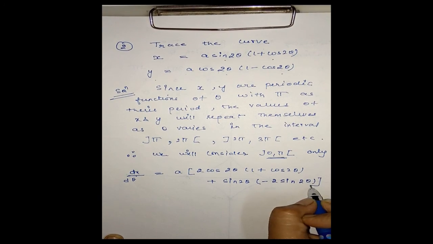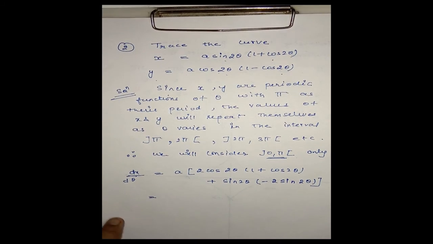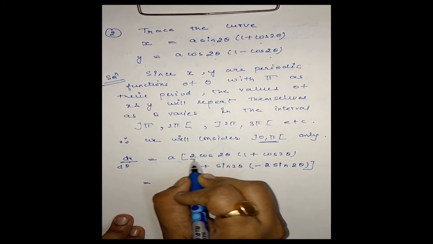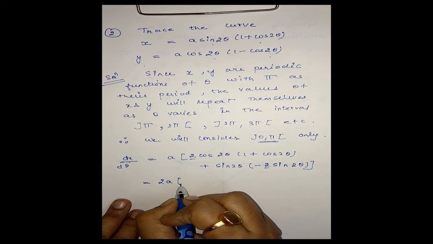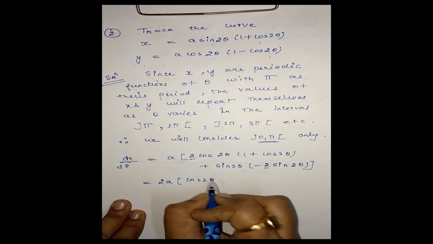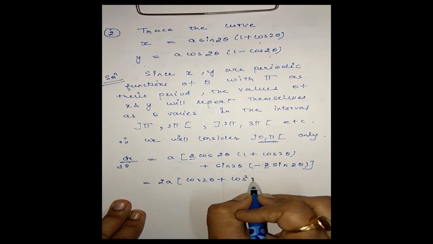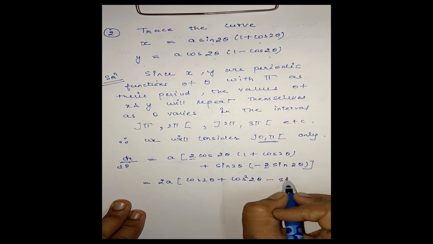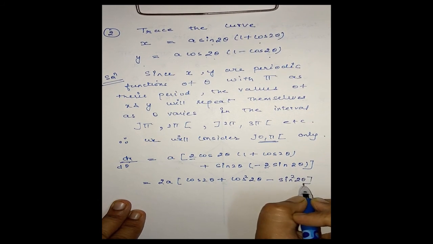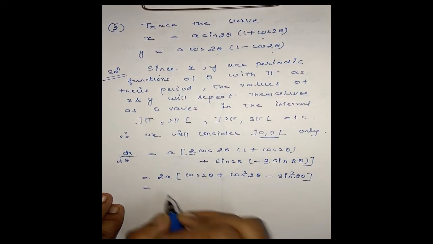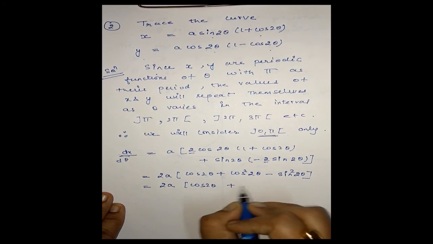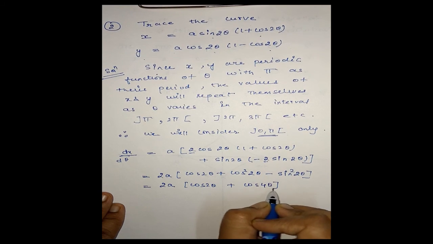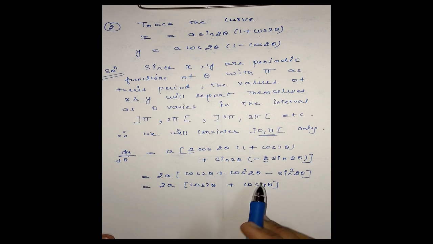That means this is equal to, taking 2a out, 2a [cos 2 theta plus cos square 2 theta minus sin square 2 theta]. And this is nothing but 2a [cos 2 theta plus cos 4 theta].